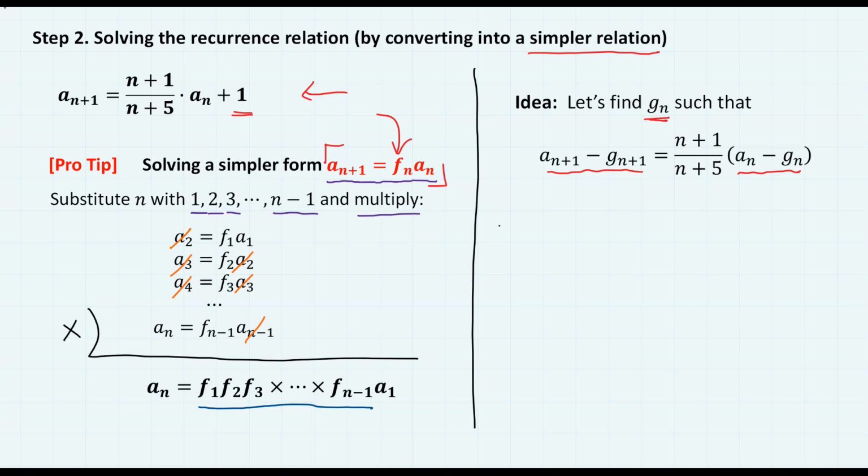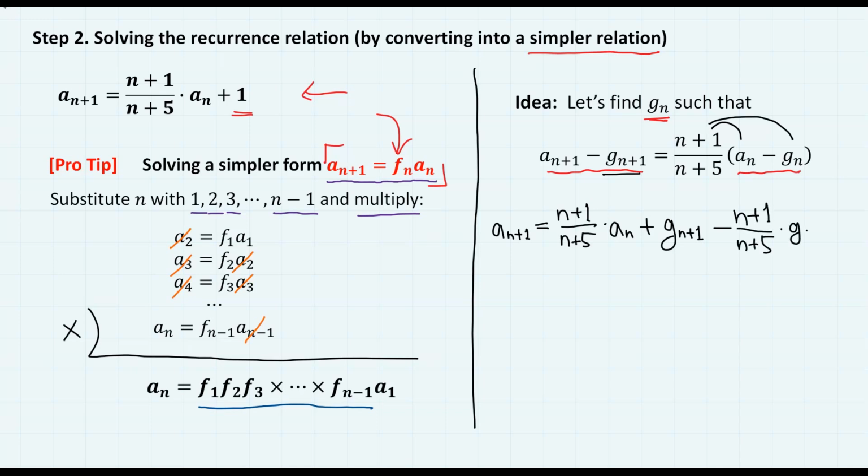Rearranging this relation gives a_(n+1) is equal to this term, n plus 1 over n plus 5 times a_n, and this term moved to the right hand side, so plus g_(n+1), and then this term minus n plus 1 over n plus 5 g_n. Let's compare this with this.